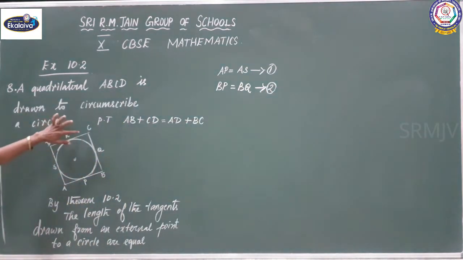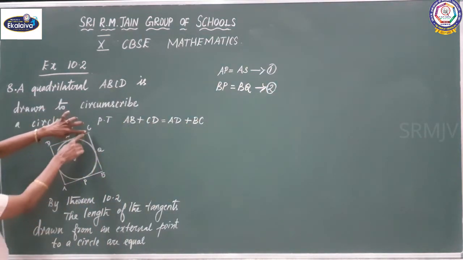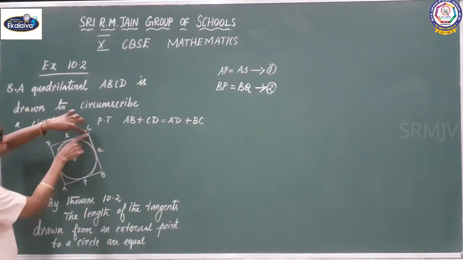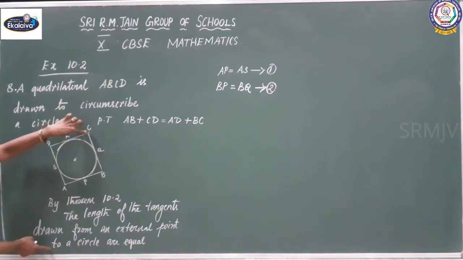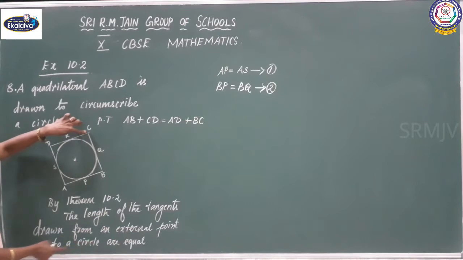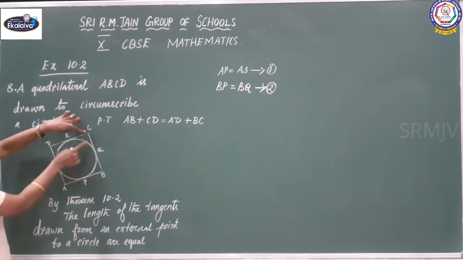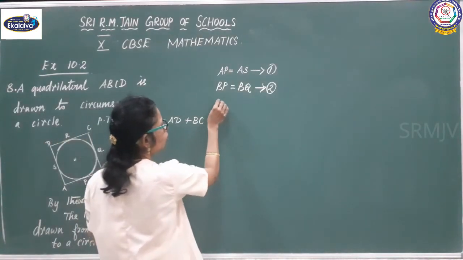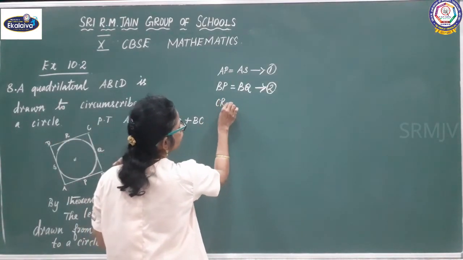Now we'll pass on to the next point, C. C is an external point. Here, which is your tangent? CQ and CR. That means what the theorem says? The length of the tangent drawn from an external point to a circle are equal. That means CQ equal to CR, or CR equal to CQ.